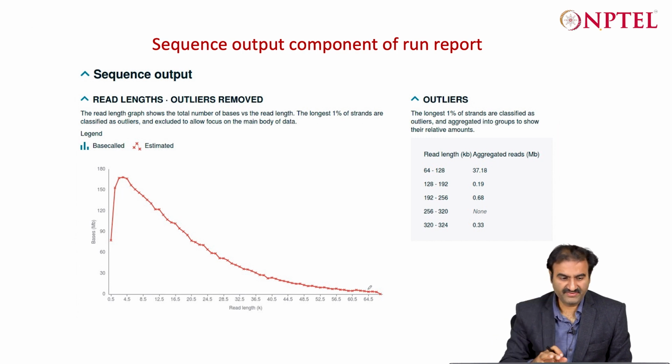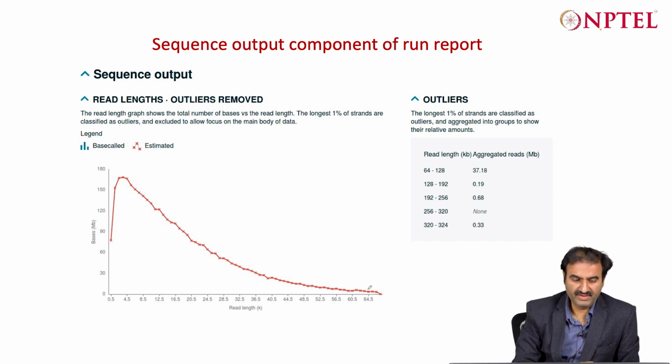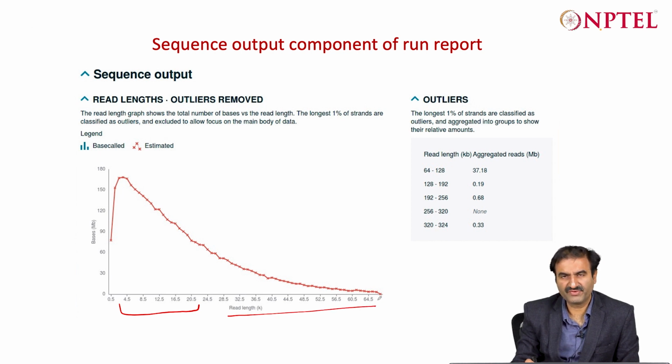Okay, so basically this tells you the N50, or the kind of reads you have generated. You can see that most of your reads are in this region, that means 4 to 20 KB, but the maximum has gone up to like 64-65 KB.